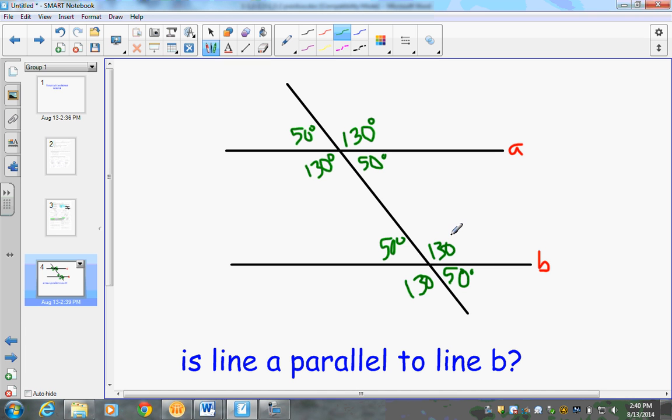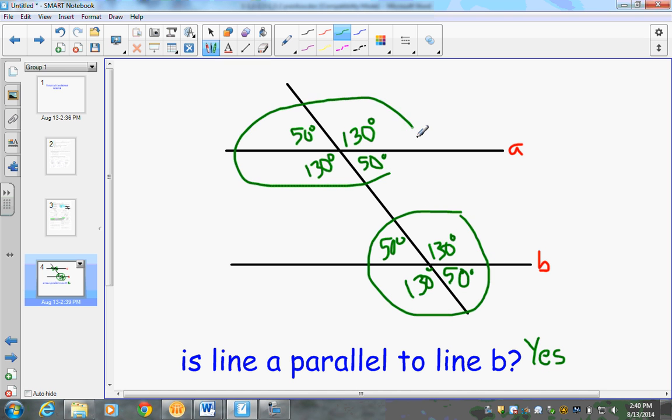If I was given a situation that looked like this, is line A parallel to line B? The answer is yes. The reason I know it's a yes is because all the angles are exactly the same. I'm dealing with a 50 degree, 130 degree setup. This will always be a yes, because if this is the same as this, we have duplicates.